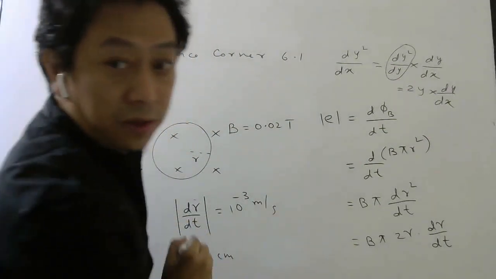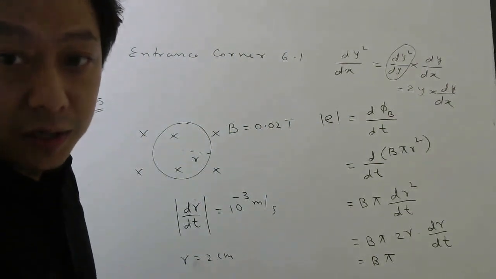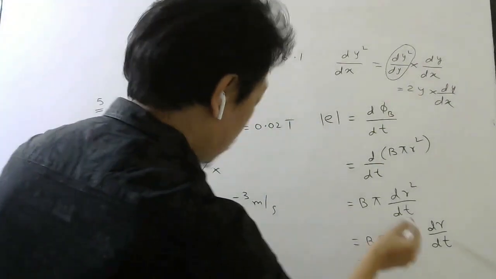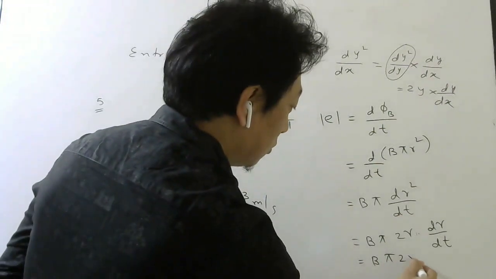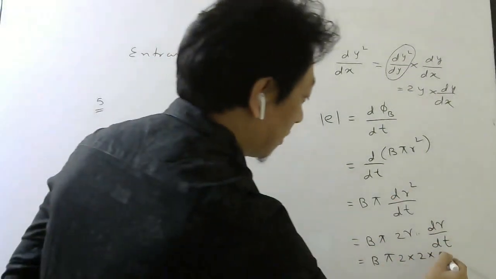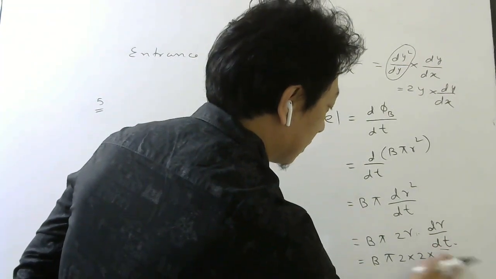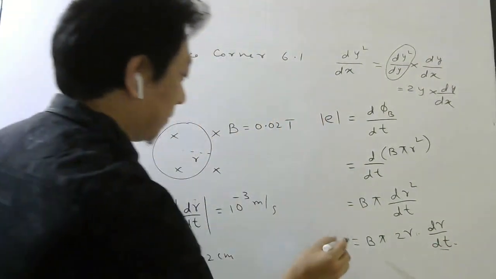So what will be the value? B into π. At what instant do they want it? When the radius is 2 centimeter. So 2 into 2, and dr/dt is 10 power minus 3. Let me write here.